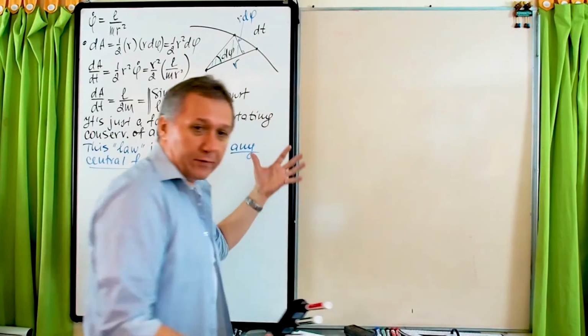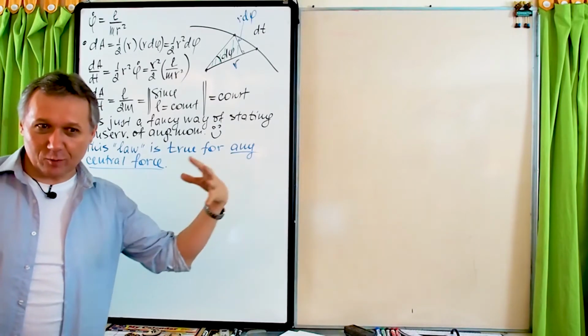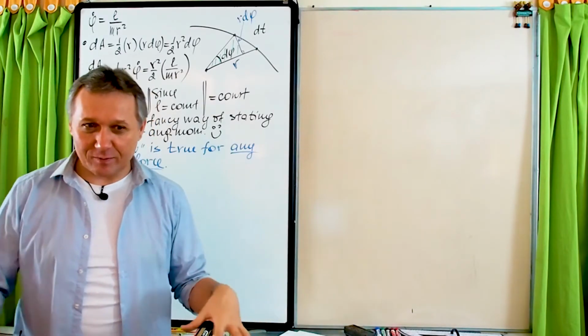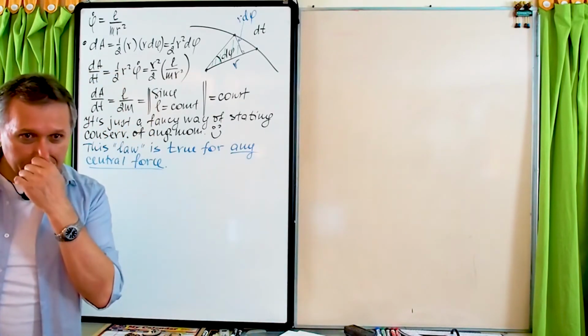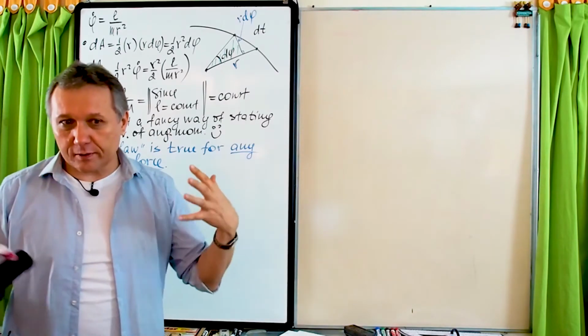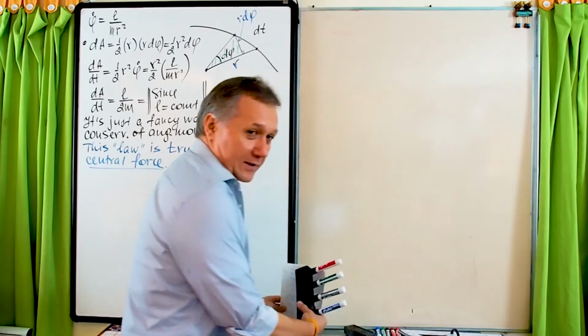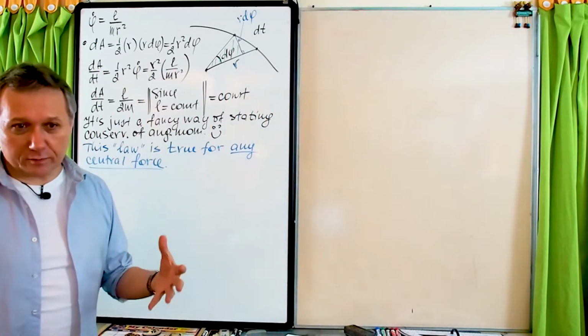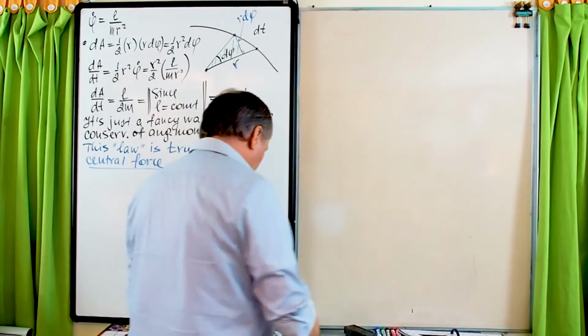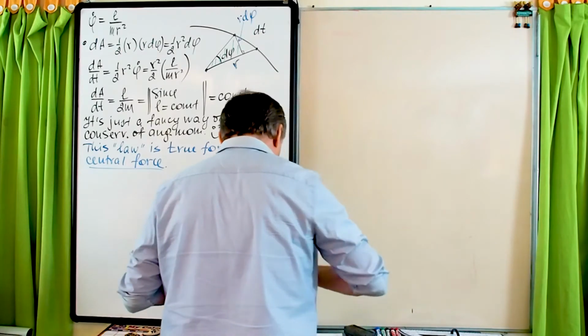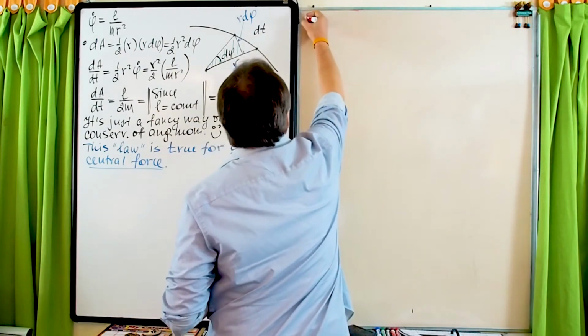But now we have new tools, and we want to look at the multi-particle system using these tools: angular momentum, torque, and rotational Newton's second law. So now we want to see what we can get out of that. So now a new bullet.